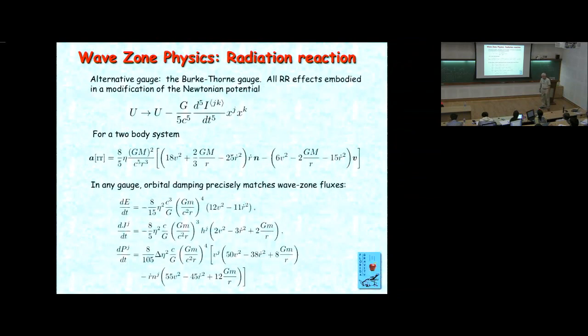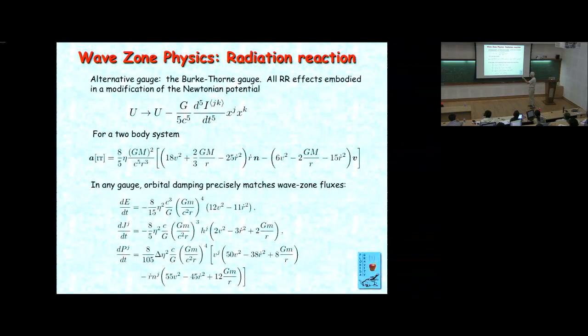But there are other gauges. You can change your coordinates to make that radiation reaction term look a little different. And there's another gauge, today called the Burke-Thorne gauge, after Kip Thorne and his student Bill Burke back in the 60s, where you change the coordinates in a clever way so that all the radiation reaction forces are embedded into a new Newtonian gravitational potential.